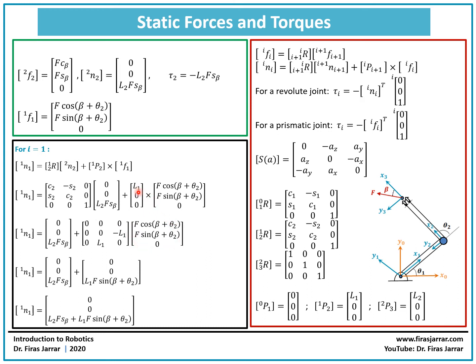So L1 instead of a x here. And then if you multiply these two matrices, this is going to give you this vector. Add them together, and this is going to be the moment vector at joint 1.